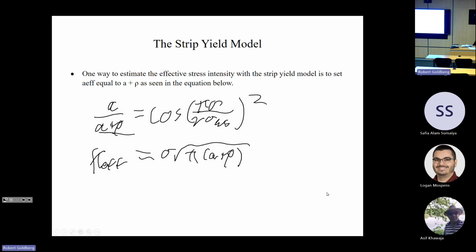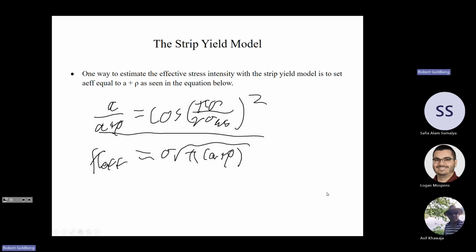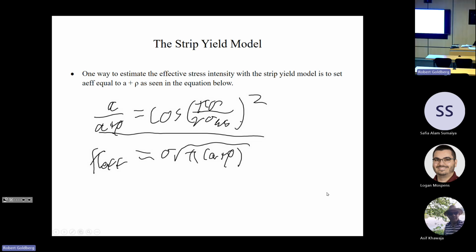And we use this equation to manipulate what a plus rho is equal to, a divided by cosine of this.